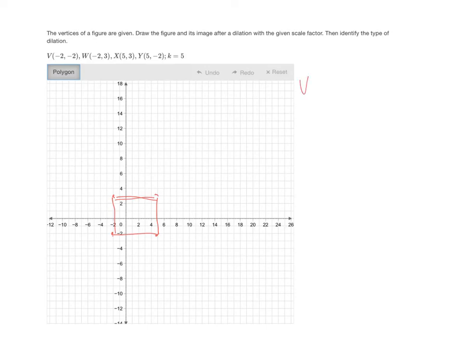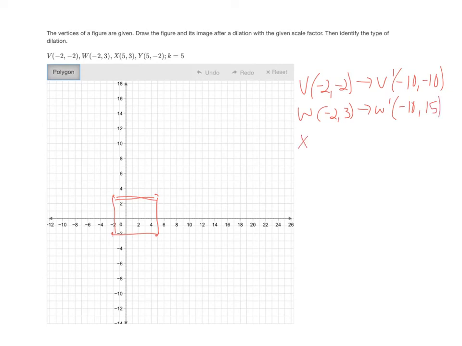So we've got V, which is negative 2, negative 2, is going to change into V prime. And we're going to multiply both of them by 5. So that's going to be negative 10, negative 10. W, which is negative 2, 3, is going to change into W prime, which is going to be negative 10, positive 15.